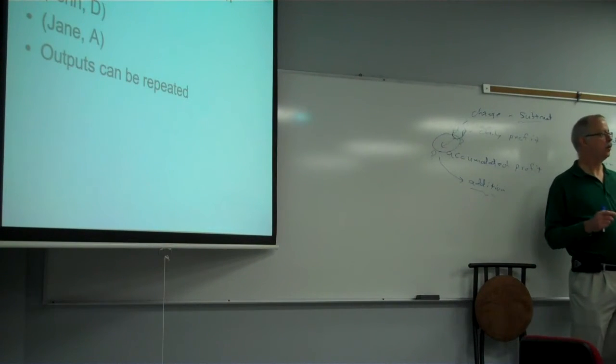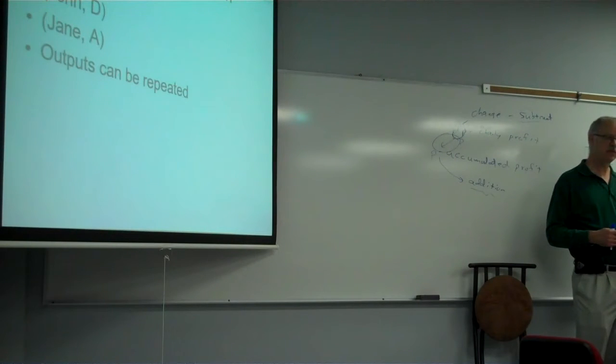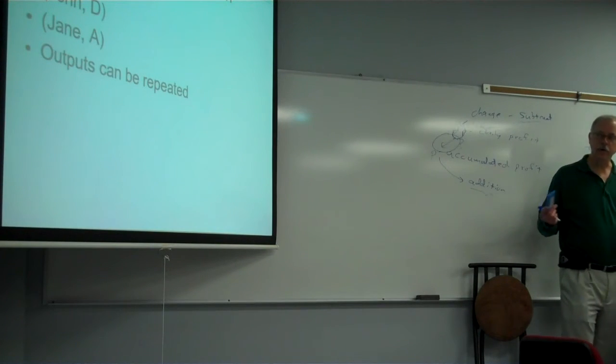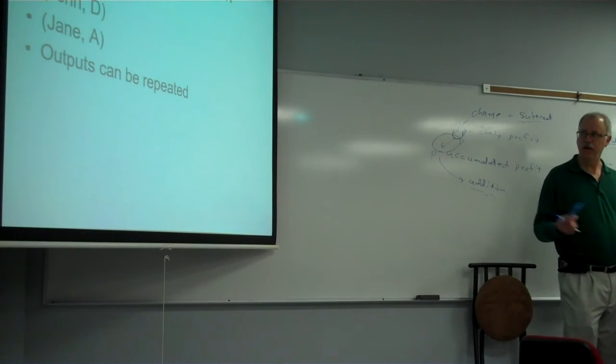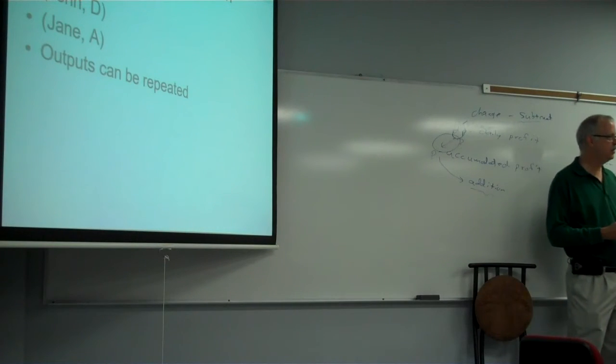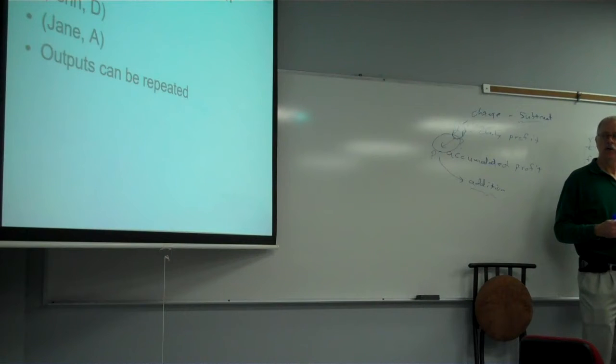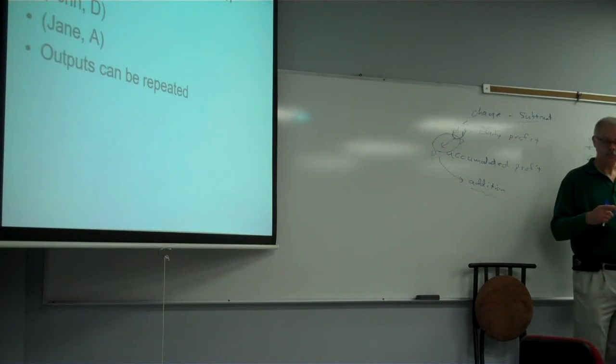Now, I can repeat the outputs. In fact, I have to. There are 35 of you, if everybody's here. I only have 5 grades to assign. I've got to give some repeated grades. I don't have to use all the grades. I prefer not giving any Fs, but if that's the grade that comes up, that's the grade I'll assign. So I don't have to use all the outputs.